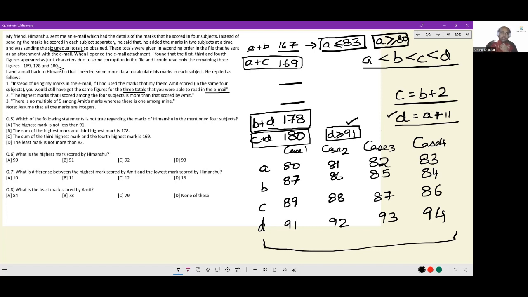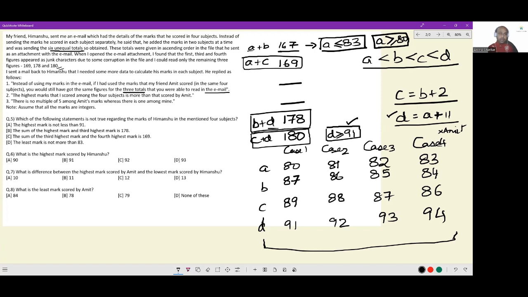Okay. Next, the highest marks that I scored among the 4 subjects is more than that scored by Amit. Which is to say, case 4, the highest marks cannot be Amit. Can I say this case 4 cannot be Amit? Because if this case 4 was Amit, then Himanshu cannot possibly score higher marks than that.